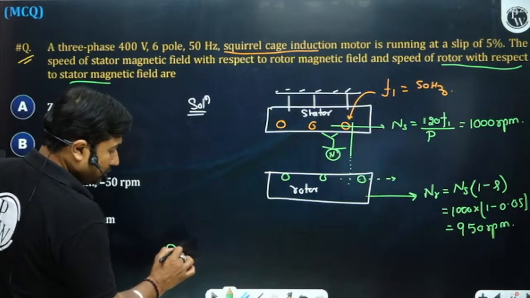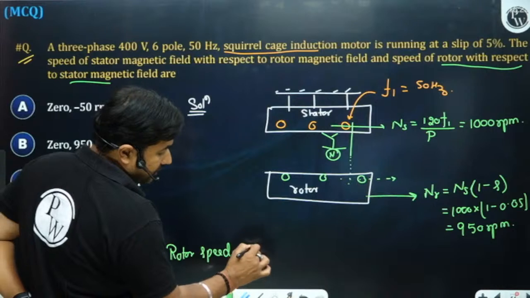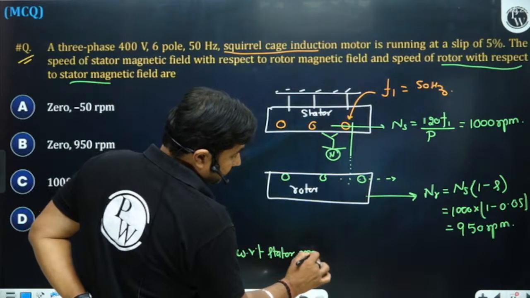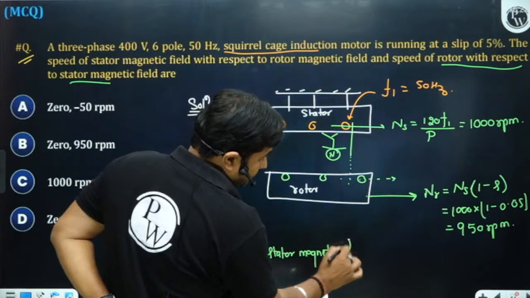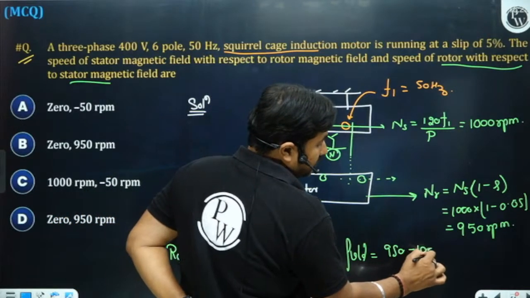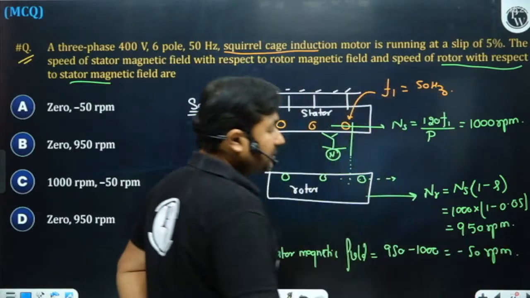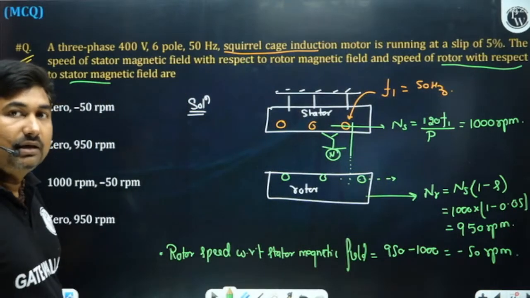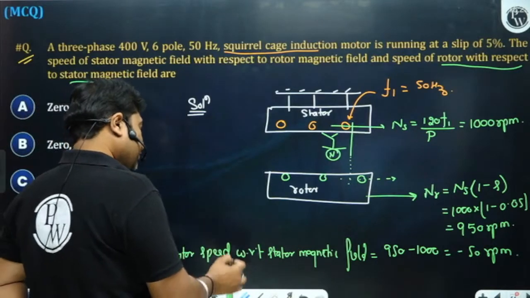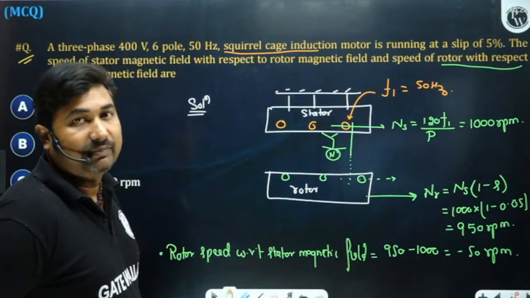So rotor speed with respect to stator magnetic field is 950 minus 1000, which means minus 50 RPM. Actually, rotor is rotating with respect to stator magnetic field at a speed of minus 50 RPM. Is it okay? It is slipping backward at 50 RPM.